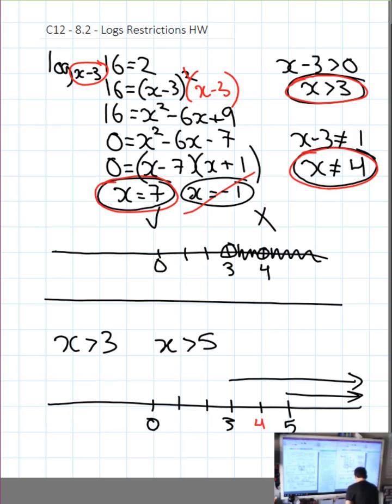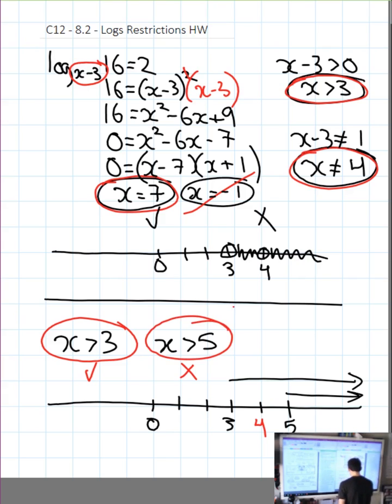Well, let's pick 4. Well, is that greater than 3? Yes. But is that greater than 5? No. We need to choose the more restrictive domain. We are going to keep x needs to be greater than 5, and x needs to be greater than 3 is rejected. It's unnecessary information. We already know x needs to be greater than 5. We don't need to redundantly say that x also needs to be greater than 3.